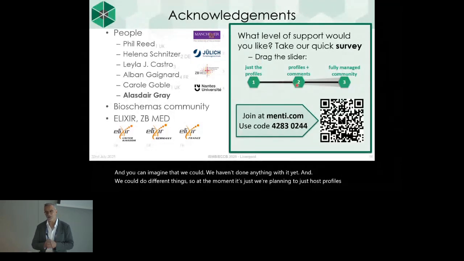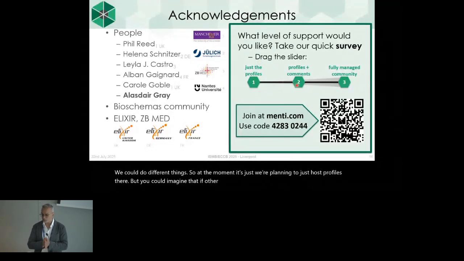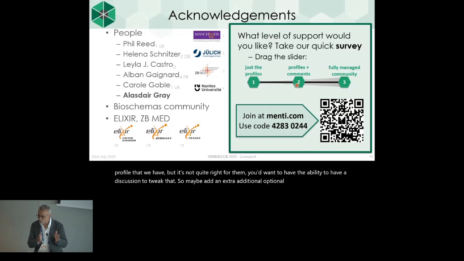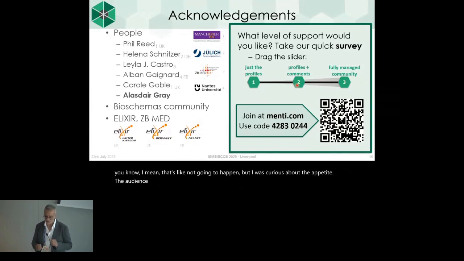But you could imagine that if other communities come and want to use a particular profile that we have, but it's not quite right for them, you'd want to have the ability to have a discussion to tweak that, maybe add an additional optional property, for example. That requires a bit more effort. And then you could go to the extreme, but that's not going to happen. I was curious about the appetite within the audience for this, where you think that should be.